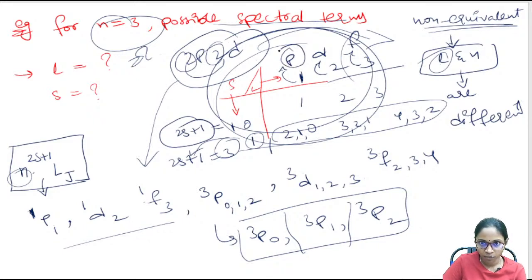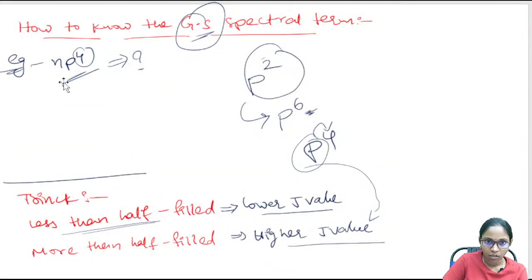Here for the P configuration, I'm taking P2 configuration. Here the L value is equal to 1, and N value is equal to 2.